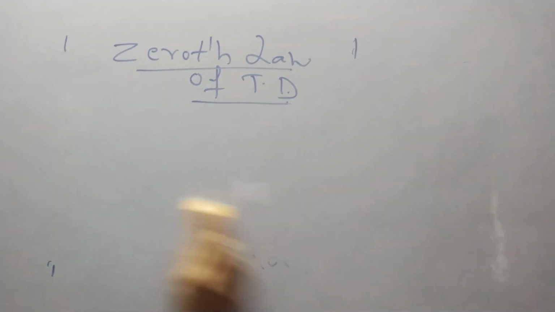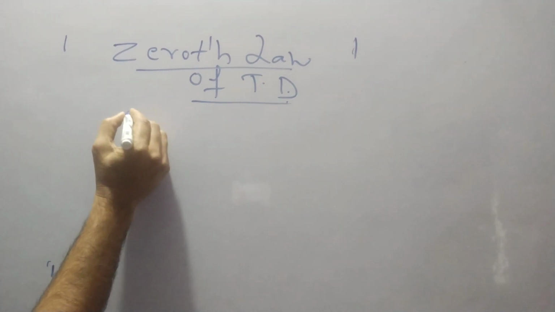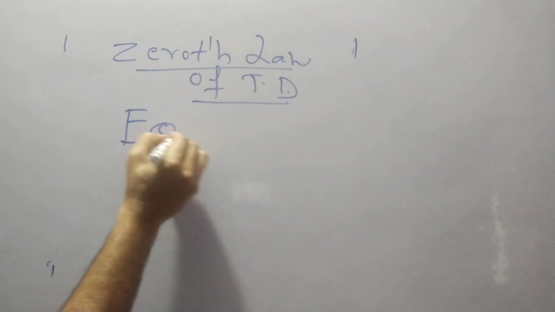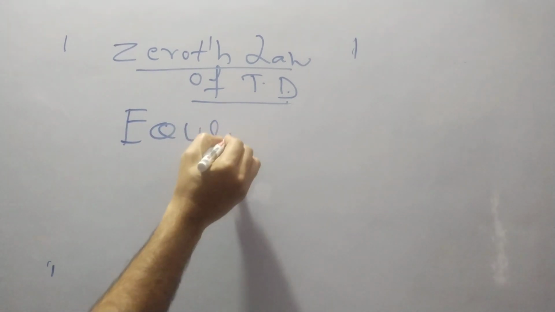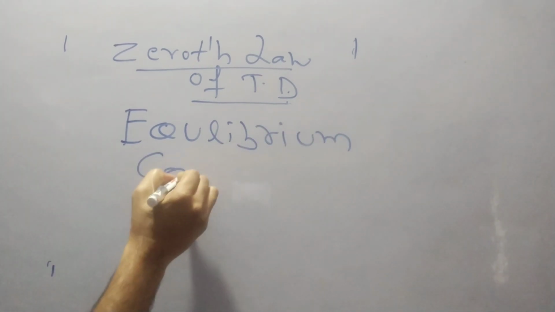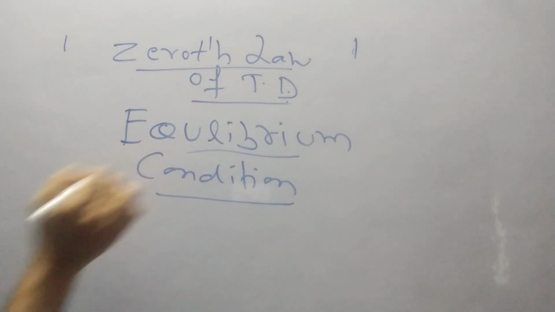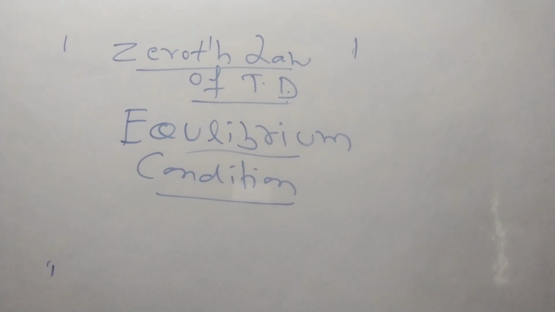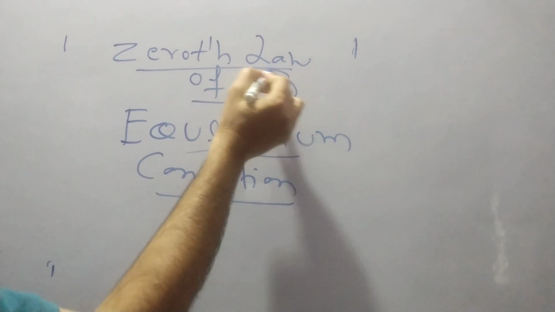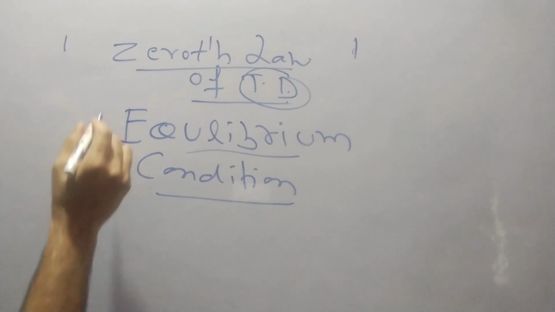So before going into detail on the zeroth law of thermodynamics, first we have to know the equilibrium condition. What is equilibrium condition? Here in thermodynamics, the important factor we study is heat.